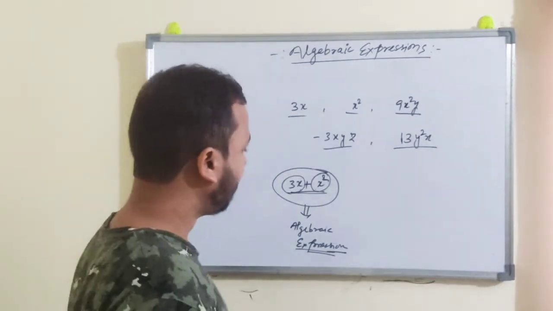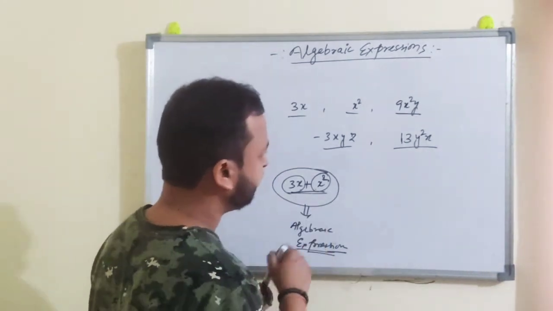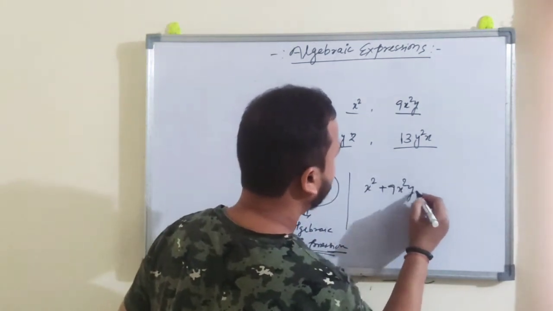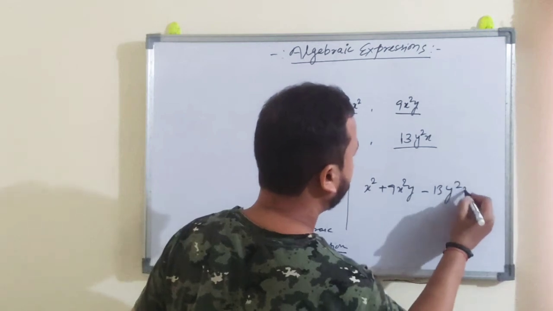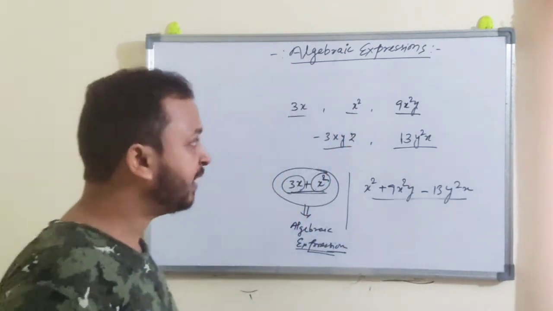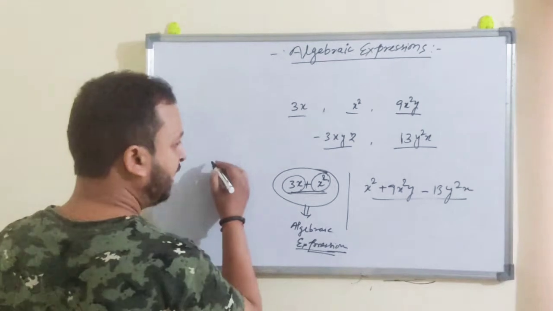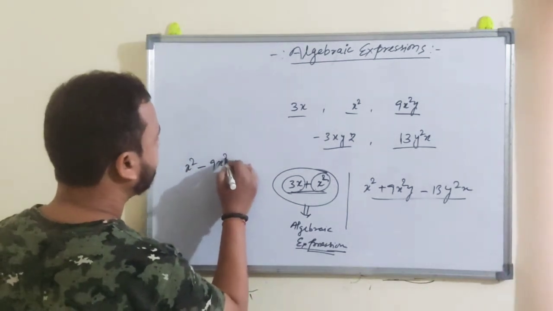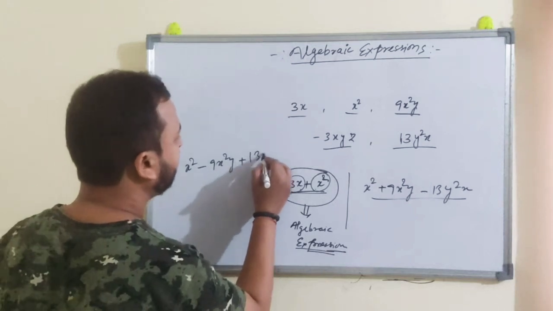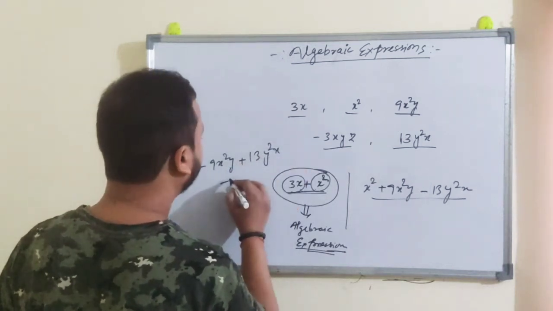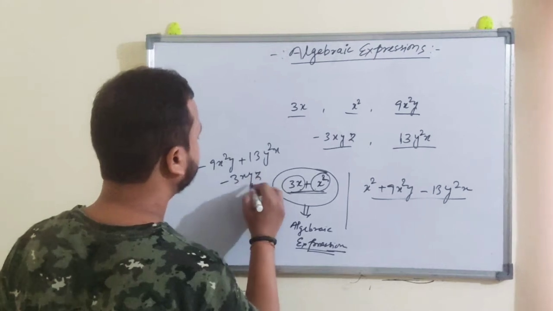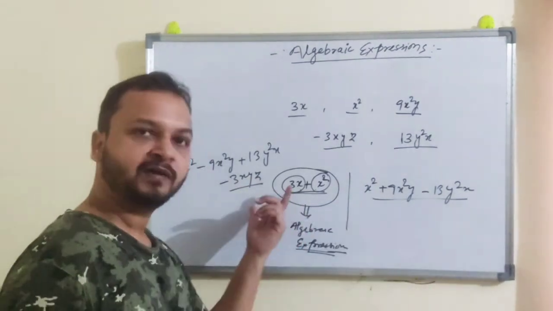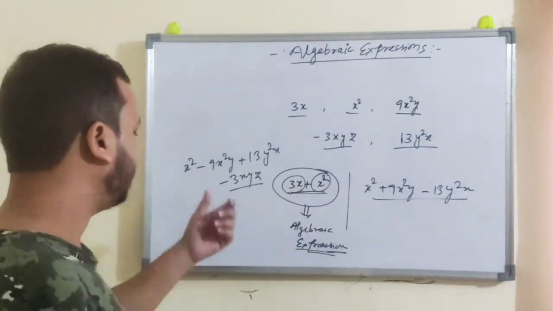So x square plus 9x square y minus 13y square x is also an algebraic expression. And suppose x square minus 9x square y plus 13y square x minus 3xyz. This is also an algebraic expression.